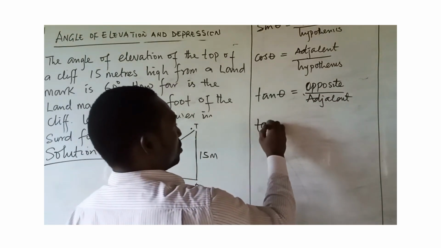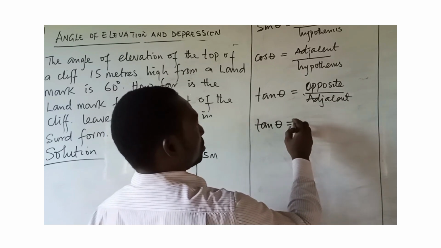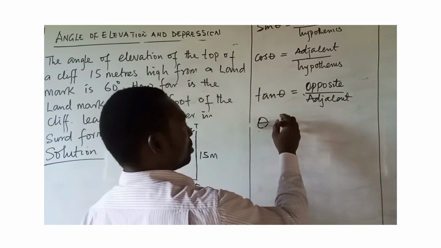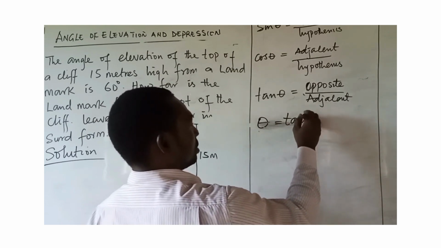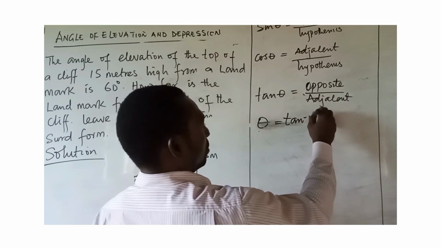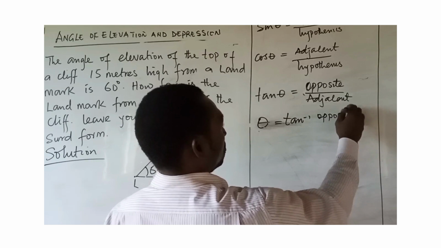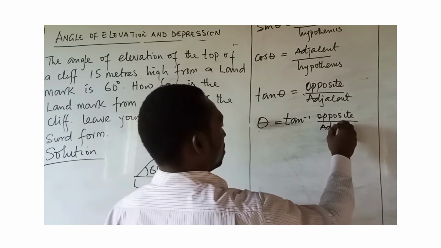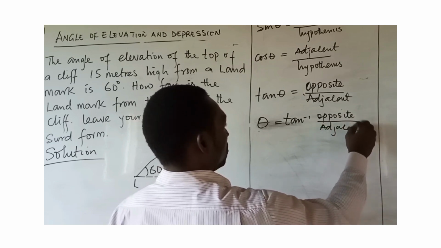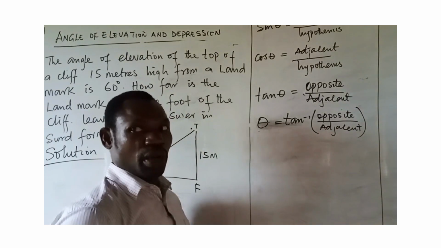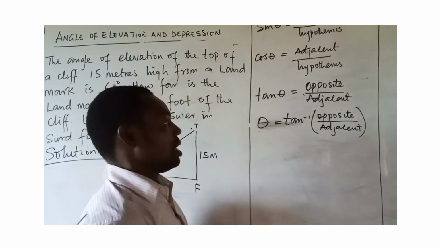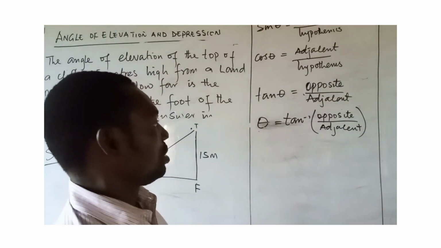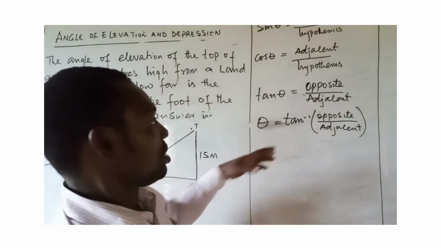So theta itself is equal to tan inverse of opposite over adjacent. That is when you are looking for the angle of elevation. So from this representation, we can now use this to resolve this.